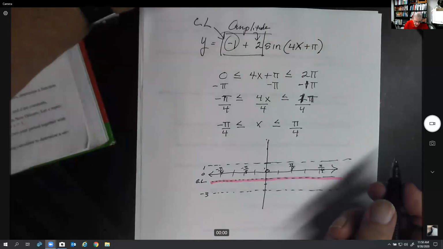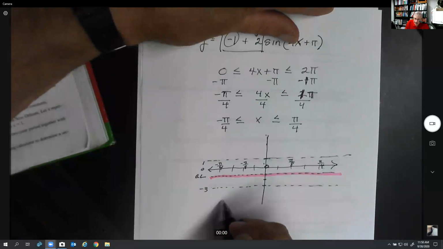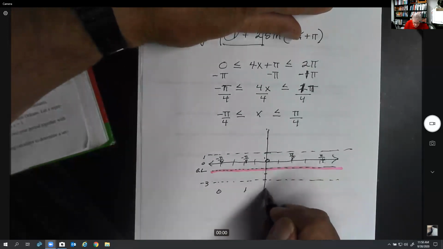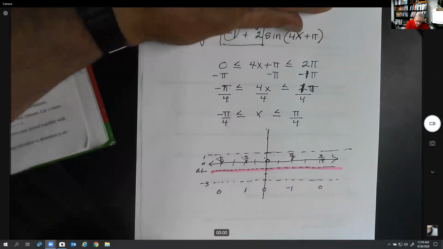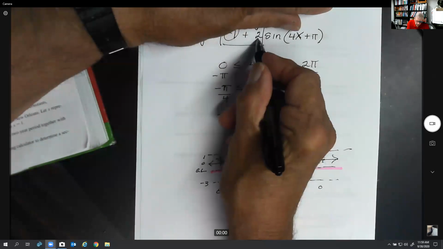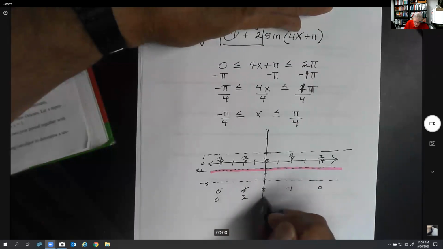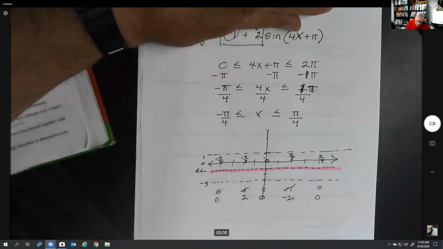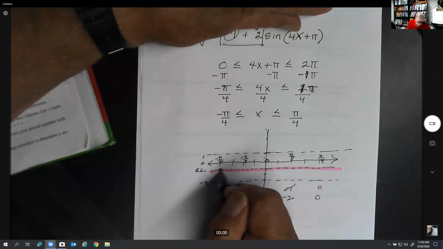Now I'm going to do my graph. Okay, so sine is usually, I'll put it down here. Normally it would be 0, 1, 0, -1, 0. But we're going to double that. Going to use that 2. So this is going to be 0, 2, 0, -2, 0. So I'm going to start at 0, not here, but on my center line.